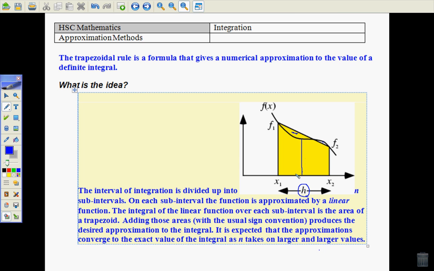If we split it up and say that's h and that's h as well, then we get two trapezium. And then we can split it up as many times as possible. The more splits we do, and the smaller the value of h is, the better it's going to be in terms of our approximation. But again, that starts to be a little bit harder. Really, it only starts to be that easy when you get a computer.